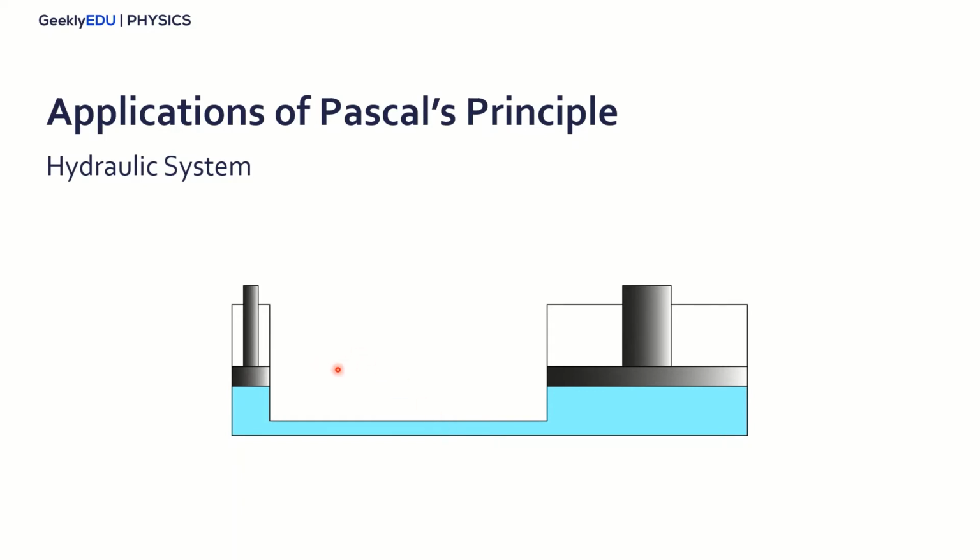This piston here has a small area, A1, and we are applying a force here over this small area. You can think that if you apply force here, then this piston will go up. So this other piston with a larger area will go up due to the force that we apply here.